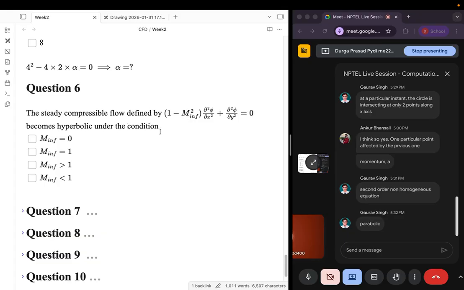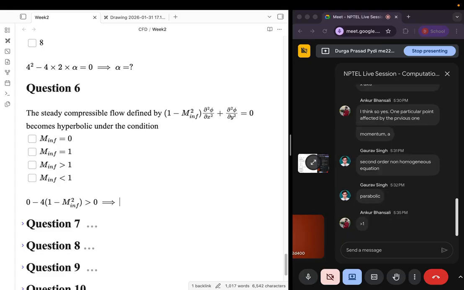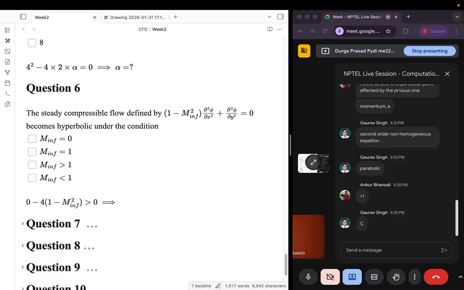So when does this become hyperbolic? When M is greater than 1.